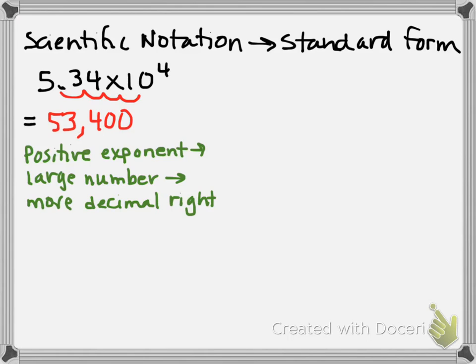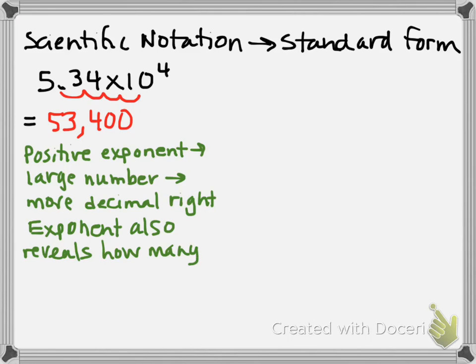It tells me what direction to move, and it tells me how many places to move. So the positive exponent is a large number. That large number says you're going to have to move the decimal right to show it as a large number, and the exponent also reveals how many places to move the decimal.